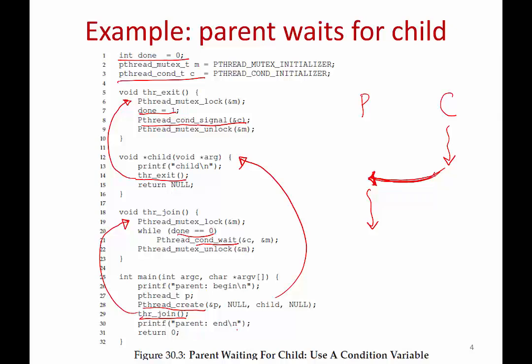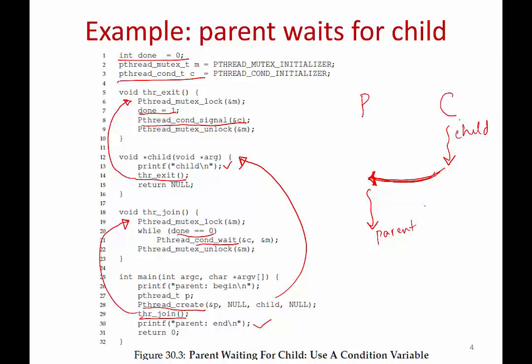So when you run this code, what happens? This printf statement goes first, the child prints child, and then this printf statement goes next. The parent will print whatever it prints here, parent end. That will be printed after the child runs. Okay. This happens no matter which way the operating system scheduler schedules threads, right?